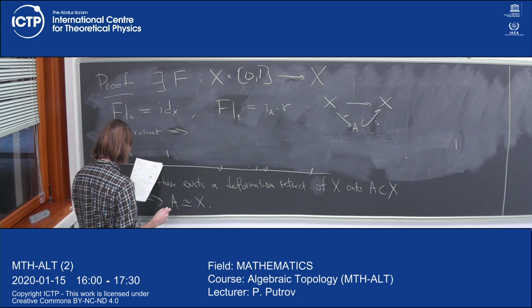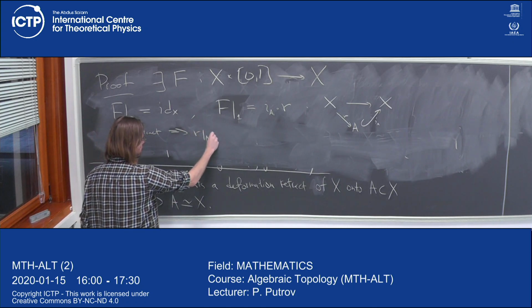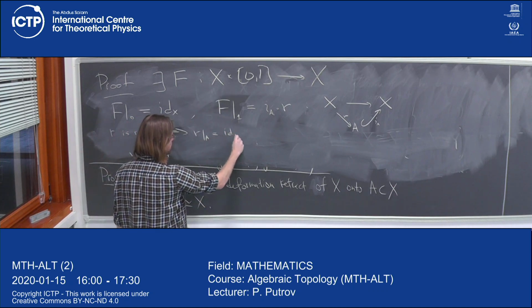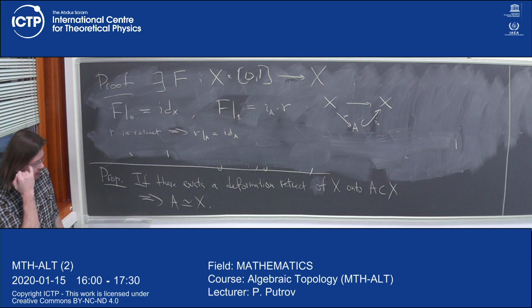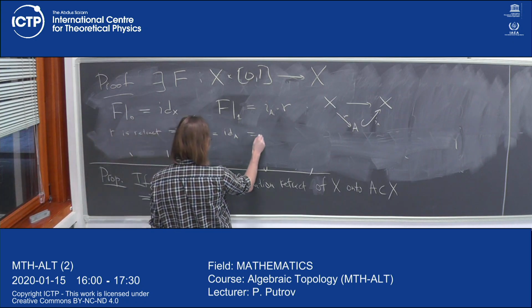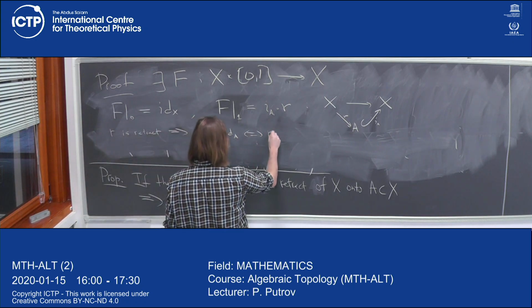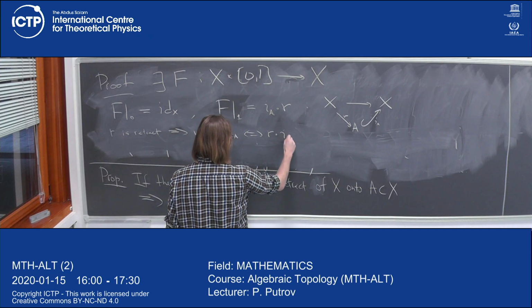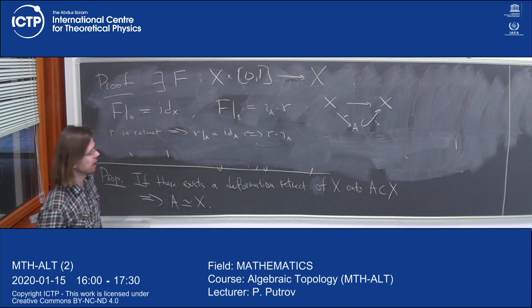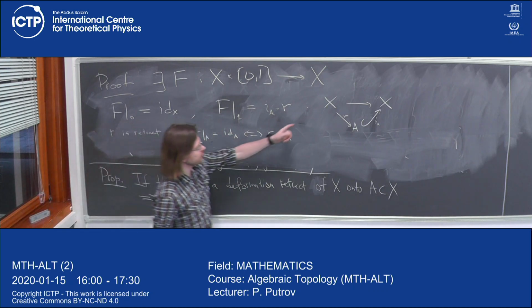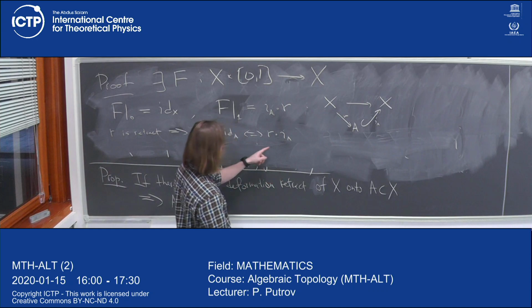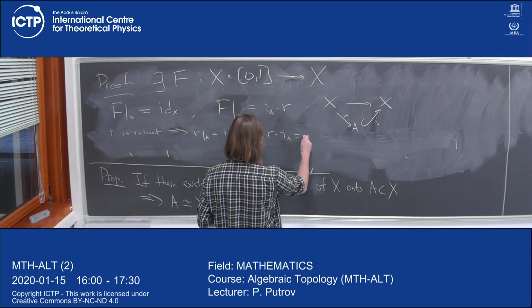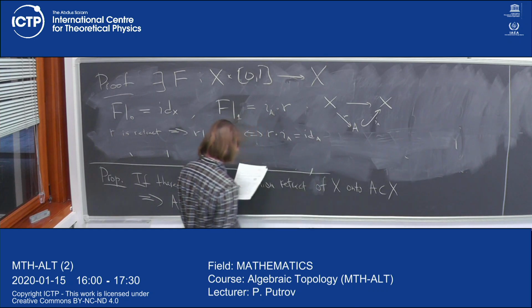From the definition it follows that the restriction to A is the same as identity on A, but this statement can be reformulated such that if I compose R, a map from X to A, with the inclusion, so this will become a map from A to A, it is the same as identity. Okay?